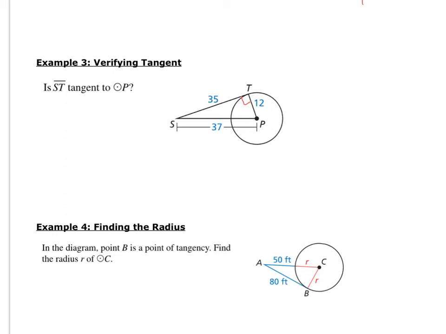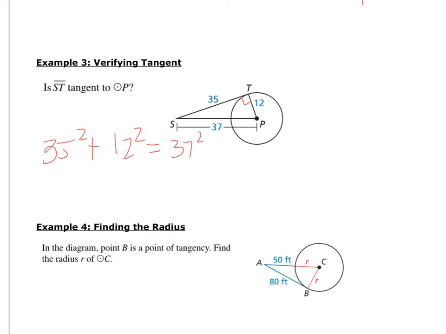Well, how can we prove that this is a right triangle? Now let's think what we did with right triangles. How can we prove that this triangle STP is a right triangle? The Pythagorean theorem. I'm going to take my legs, 35 plus my other leg, 12, I'm going to square it, and I'm going to set that equal to the hypotenuse, which is 37, and I'm going to square that.